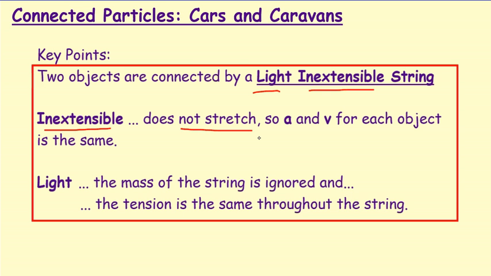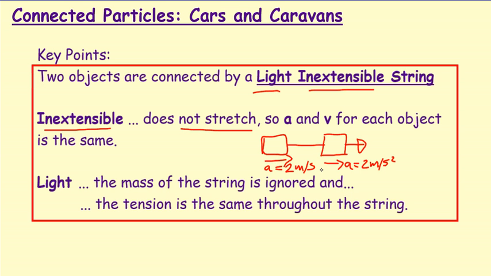That's relatively obvious, but what that means is, therefore, if I've got two objects connected by a string, and I start pulling this one, let's say I pull it with some acceleration 2 meters per second squared, then this one must also travel with exactly the same speed and acceleration.